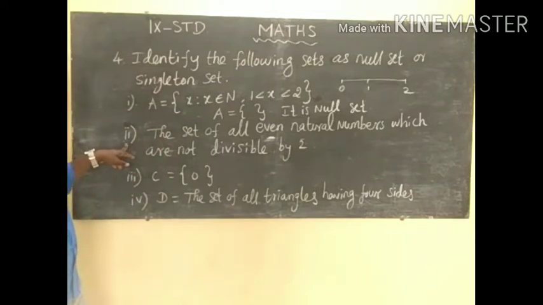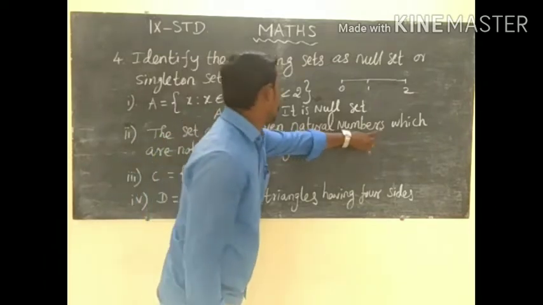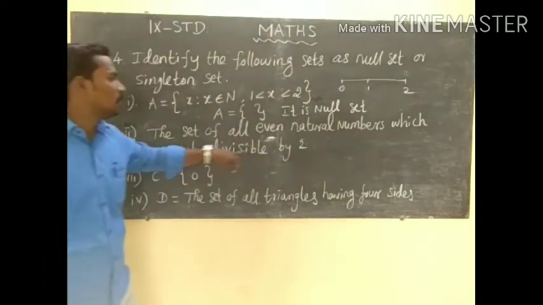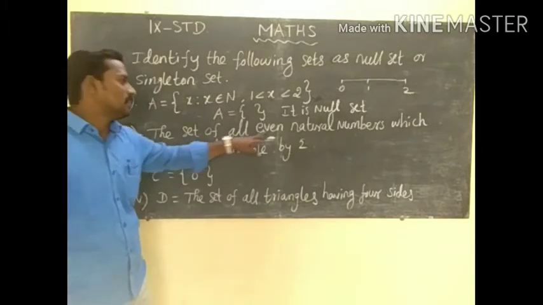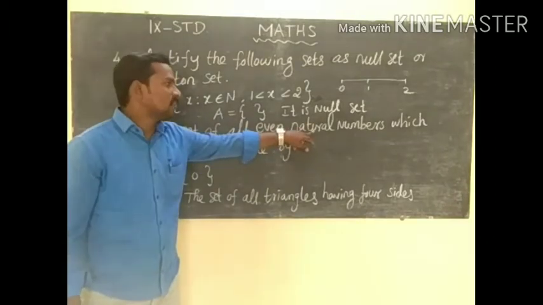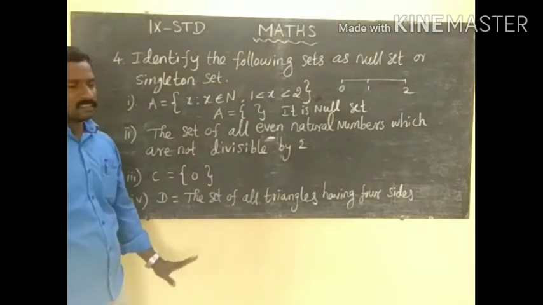The second question: the set of all even natural numbers which are not divisible by 2. The even natural numbers are 2, 4, 6, 8, 10.